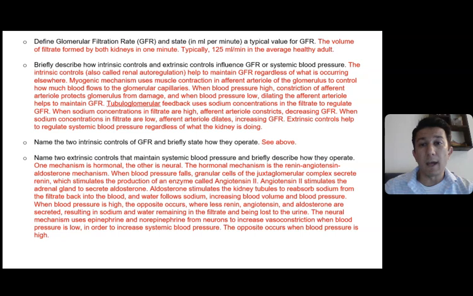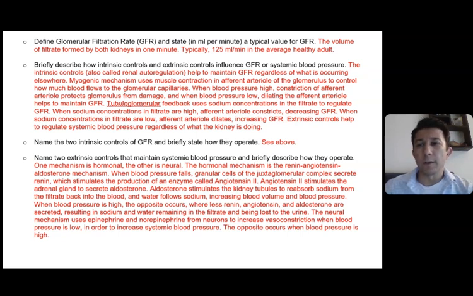Tubular glomerular feedback is using the sodium concentrations that it's detecting in the kidney tubules in order to determine whether the afferent arteriole leading to those glomerular capillaries will dilate or constrict. So they're very similar to one another in general, with really the one exception being that tubular glomerular feedback is monitoring sodium concentrations.